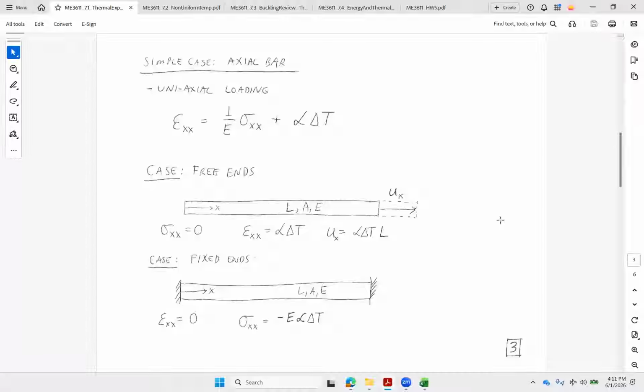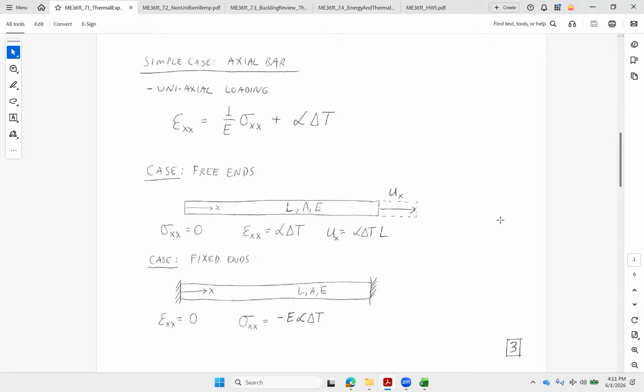The opposite bookend case of that is where we have both ends fixed. Now, in that case, my total strain is going to be 0, right? Change in length per original length. If I fix both ends, my bar cannot change length at all. It's stuck at its original length. So there's 0 change in length divided by original length gives me 0 for strain. But that's the total strain has to be 0.